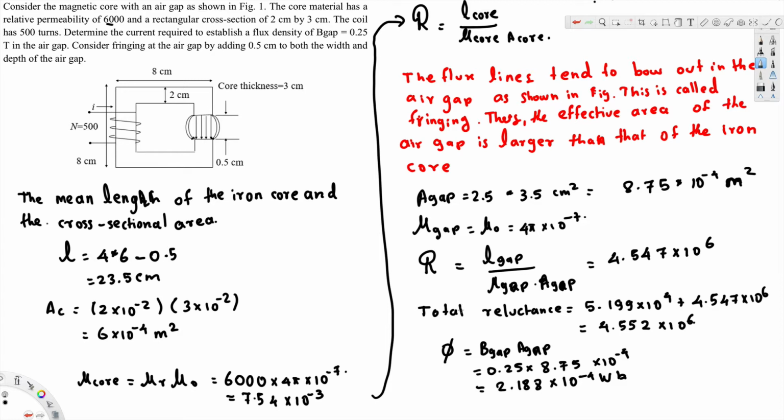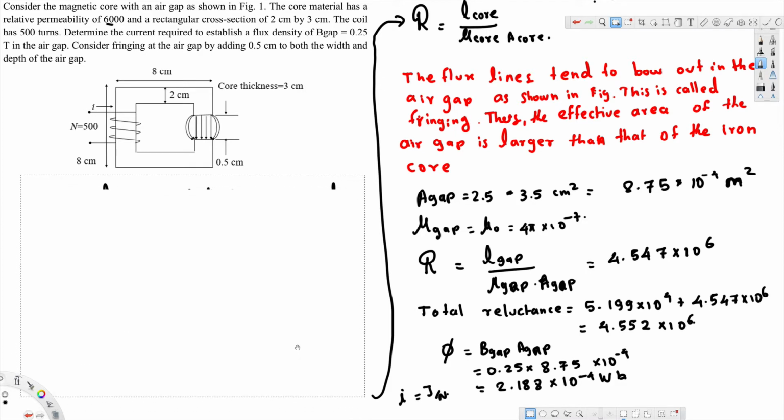Here the question is asking to calculate the current. Current can be calculated by this formula. I is equal to J over N, where J is MMF. To calculate J, we have an equation.